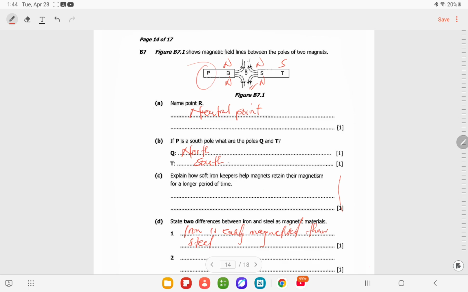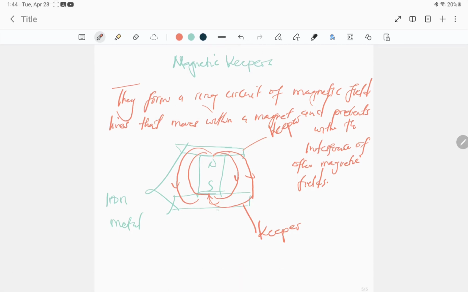So in this situation, the moment you expose iron to a magnet, north and south, this magnet will induce its magnetic properties into the iron and it will be easily magnetized.